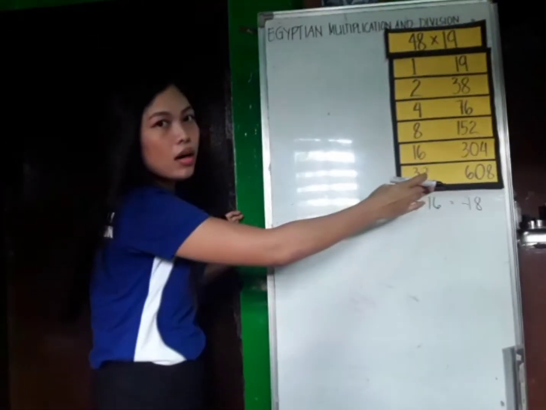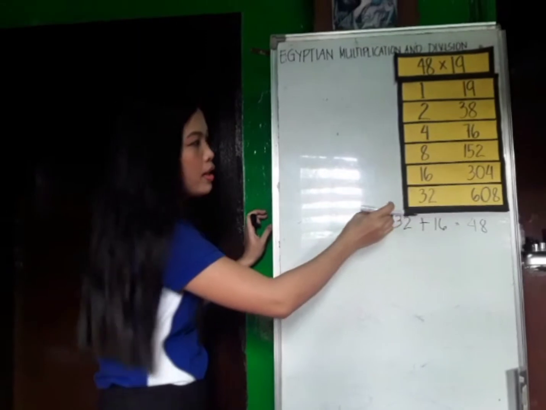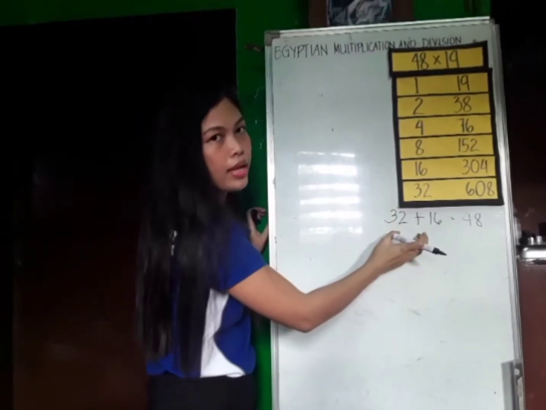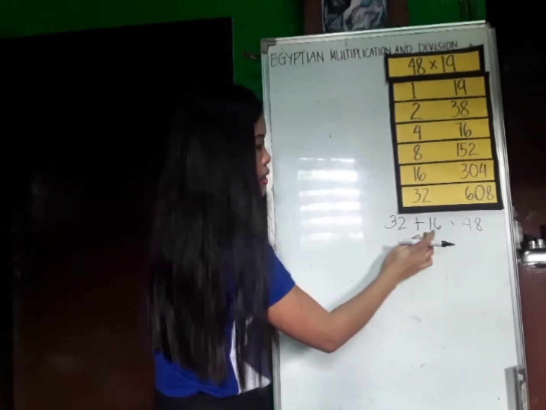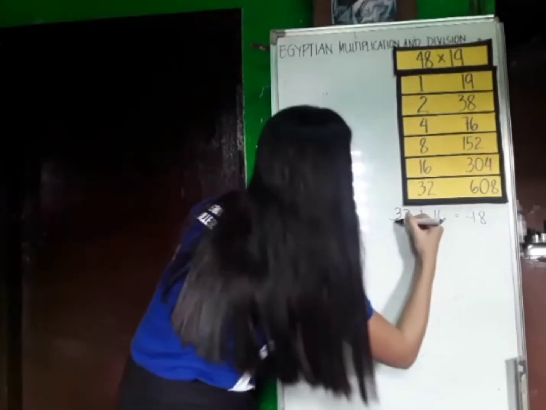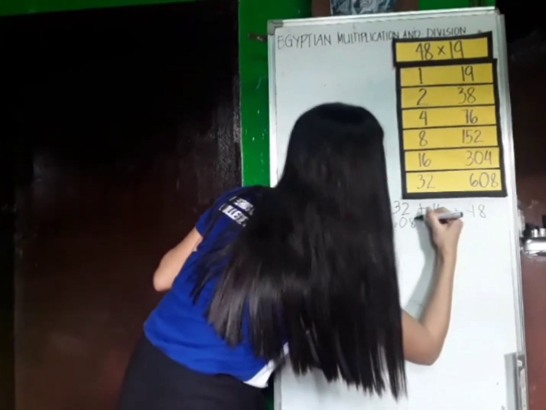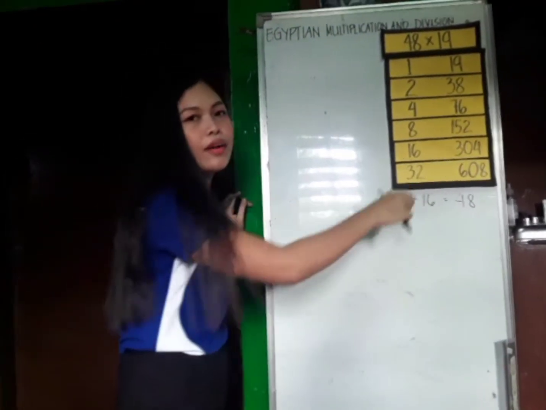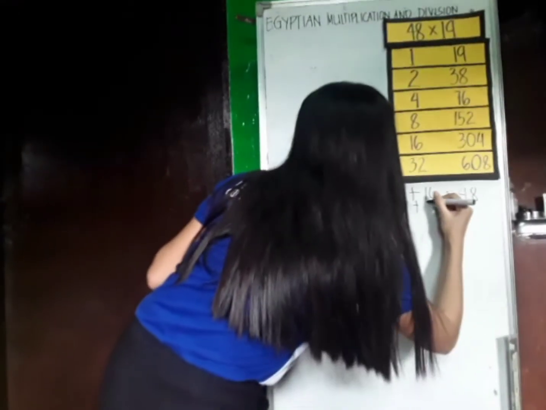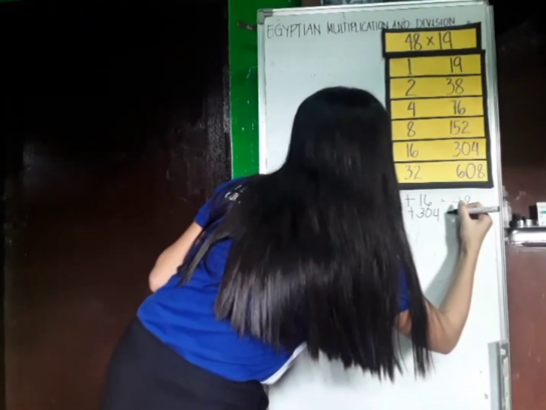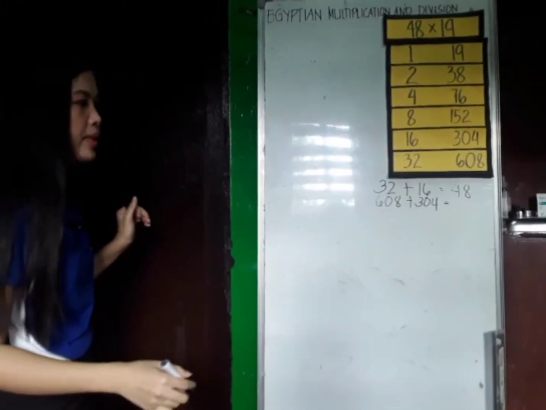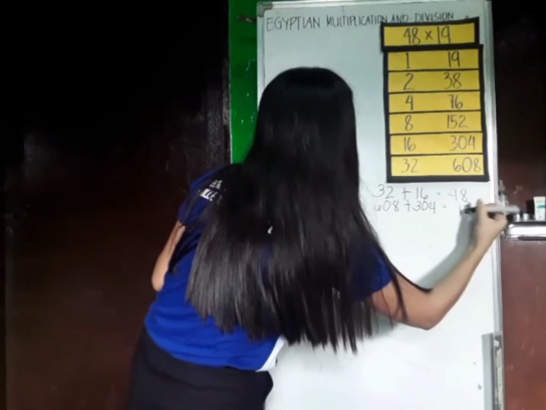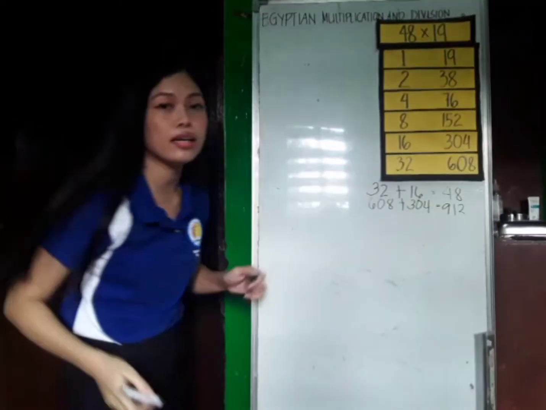And in the second column, we will look for the numbers that correspond to the numbers we chose in the first column. So for 32, we have 608, and for 16, we have 304. 608 plus 304 will be 912.